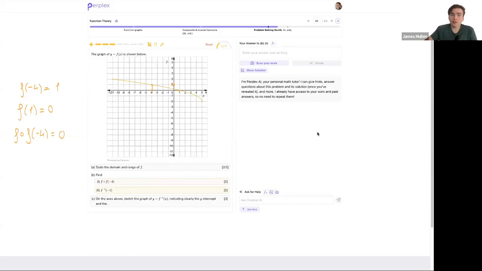Now, f negative 1 of minus 1. All right, so remember that finding the inverse at a certain value is the same thing as solving f of x is equal to that value. So in this case, f of x is equal to minus 1, which we can consider as drawing a horizontal line at y is equal to minus 1 that intersects the graph, and that's the value that we're looking for.